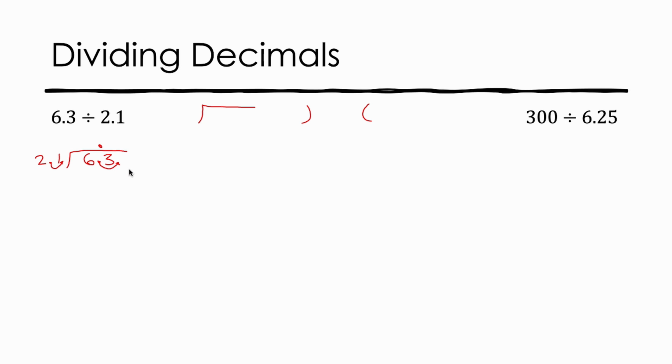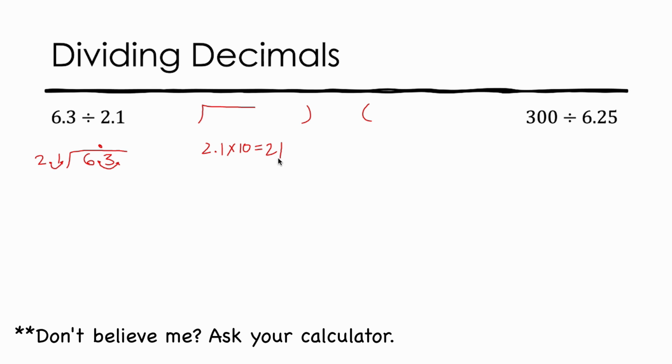And what you're basically doing here by moving the decimal point 1 to the right is multiplying this number by 10. So 2.1 times 10 is equal to 21, okay?